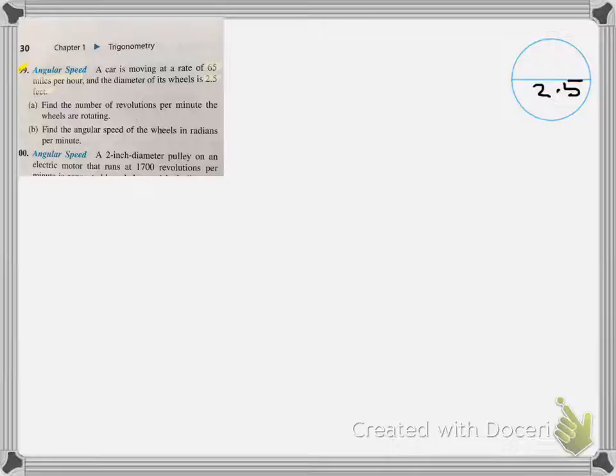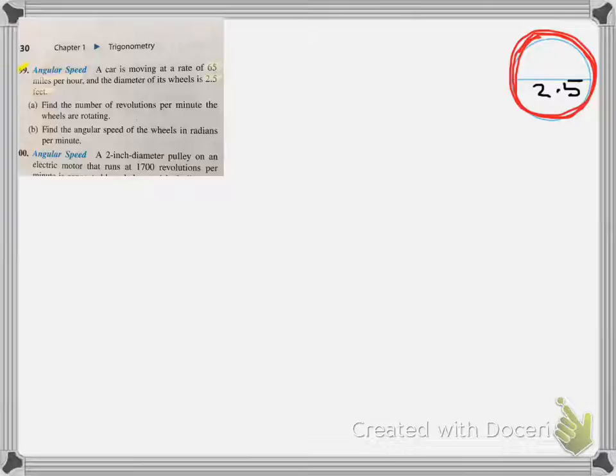The car is going because these tires are rotating, and they're probably rotating pretty fast to be going 65 miles per hour. So I know the number is going to be big. The tire is measured in feet, and that just doesn't seem to work for me.